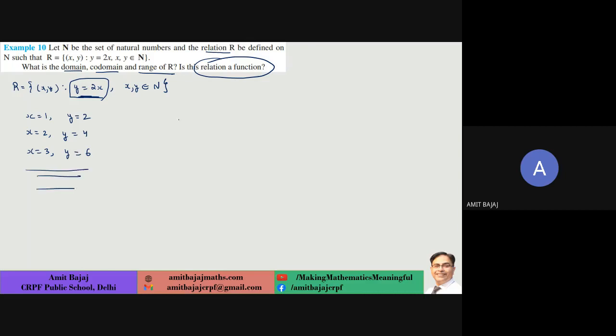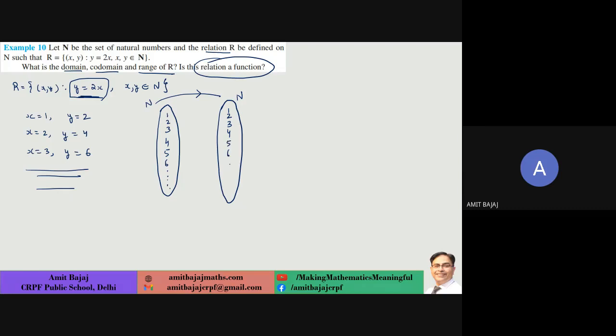If I represent this situation using the arrow diagram, this is from N to N, and natural numbers 1, 2, 3, 4, 5, 6, and so on. Similarly, 1, 2, 3, 4, 5, 6, 7, 8, 9, 10, and so on. So both are going infinitely.